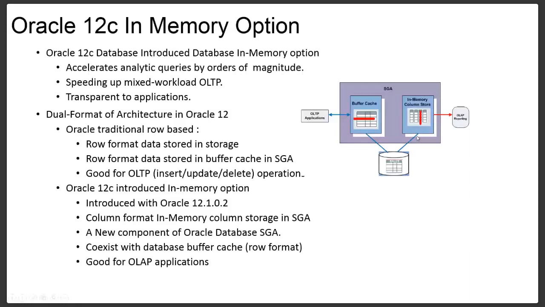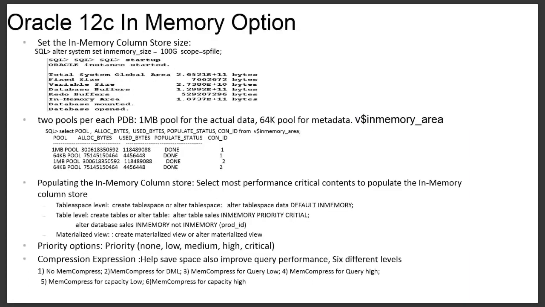But just keep in mind that when you say you want to use 100 gig of in-memory, make sure you have that additional physical memory. This is not going to be on swap, because that would defeat the purpose. So this in-memory has to be physical RAM. When you provide this statement, you can start up the database, and this will show how much in-memory size you have.